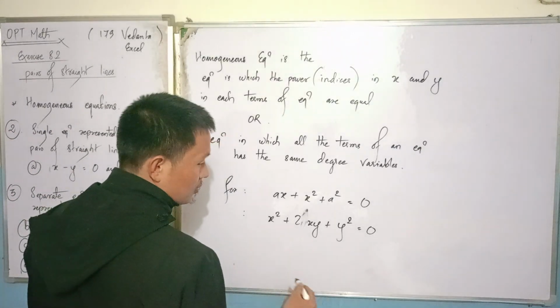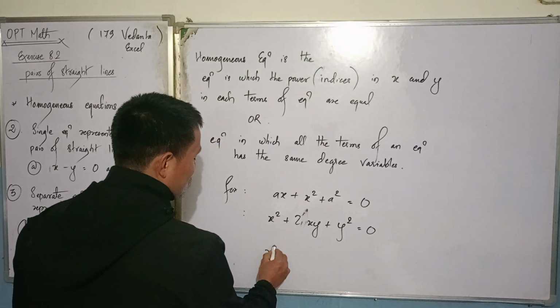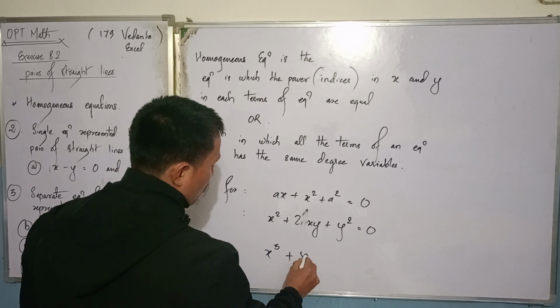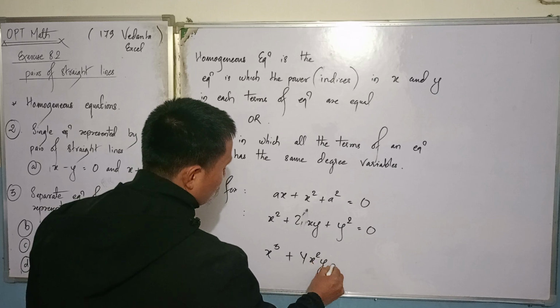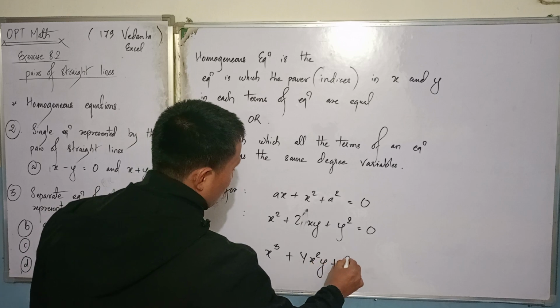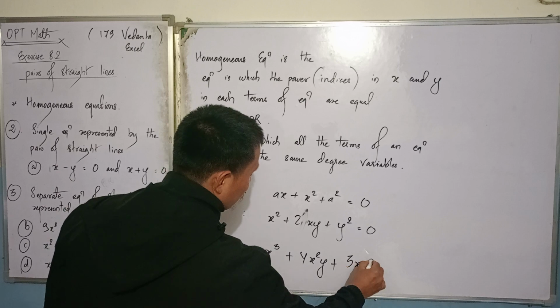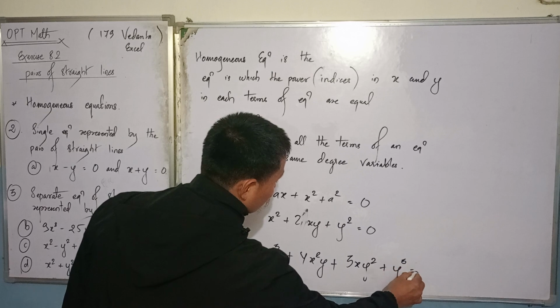Okay, so let's see another equation. For example, x cube plus 4x square y plus 3xy square plus y cube is equal to 0.